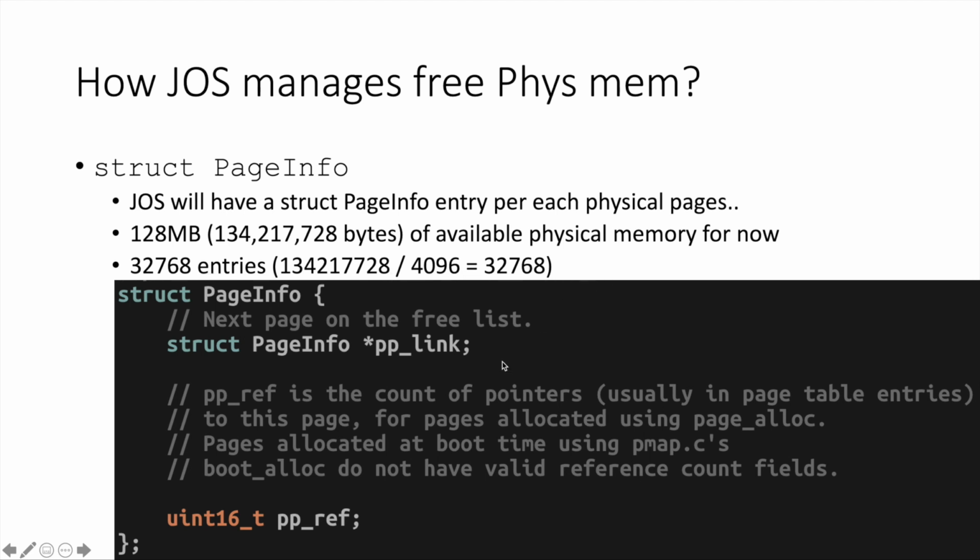So you can easily get the size of the memory that you need to allocate by multiplying this number by the size of a struct page info. You can get the size of struct page info in the code via the sizeof function, and also you can get the number of total physical memory pages from the variable npages.